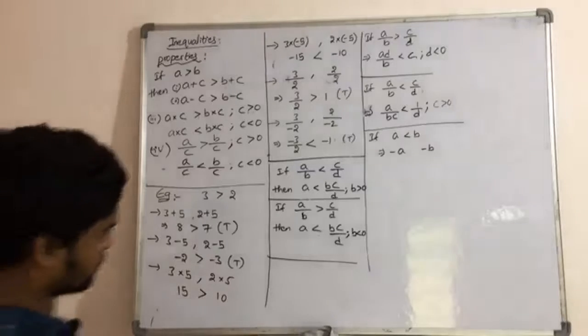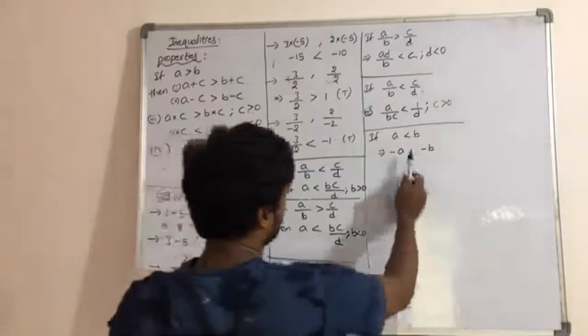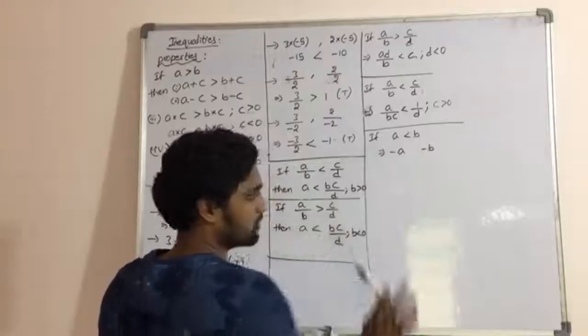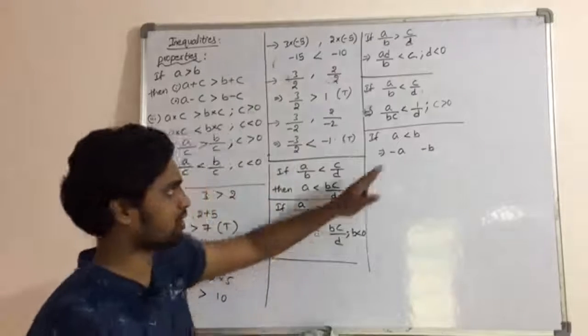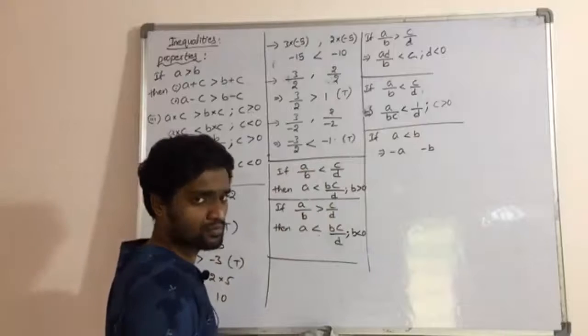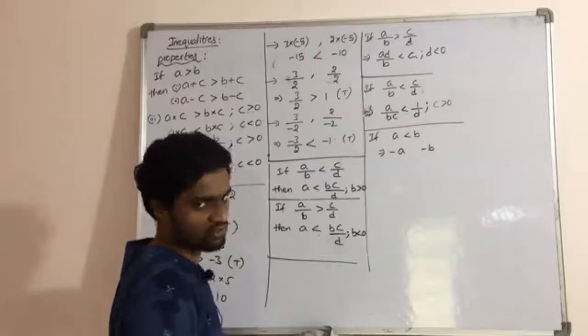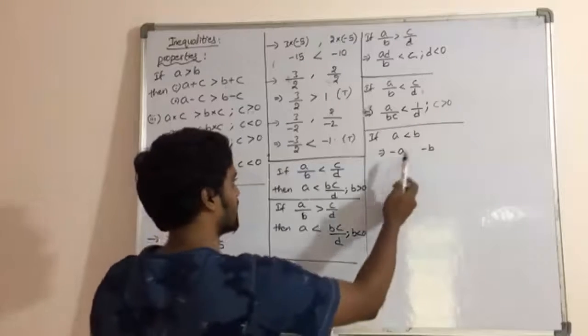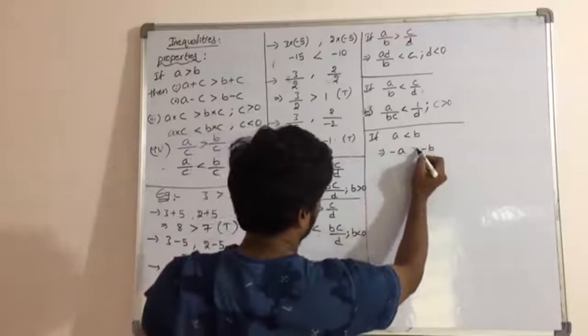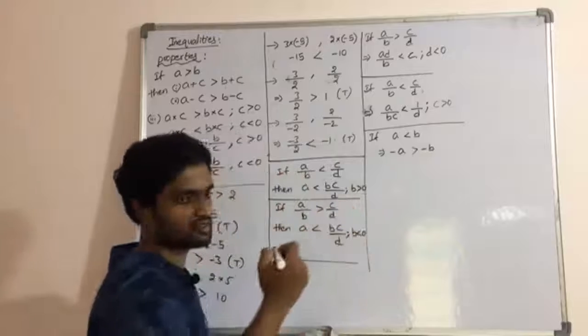So, first things first, how do we get minus A and minus B? Initially, all I had was A and B. Now, how will I get minus on both sides? After multiplying with minus 1 on both sides, the inequality changes.